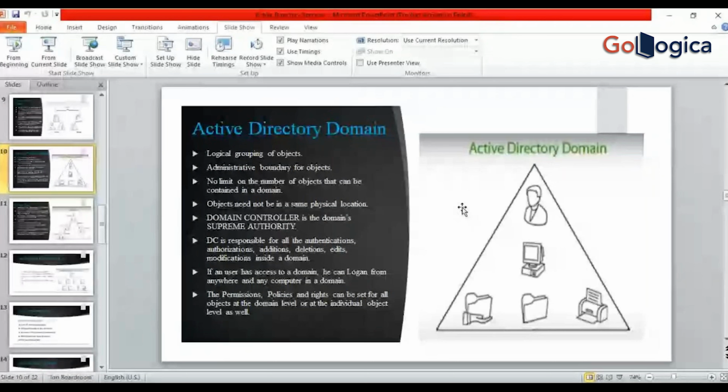Which domain do I belong to? XYZ is my domain, and then my name comes under it. Similarly, whatever information and devices are allocated to me all come under that XYZ domain. So we need to create these things in a hierarchical manner, so the information and exchange of information can happen.